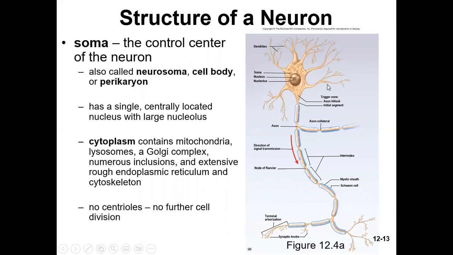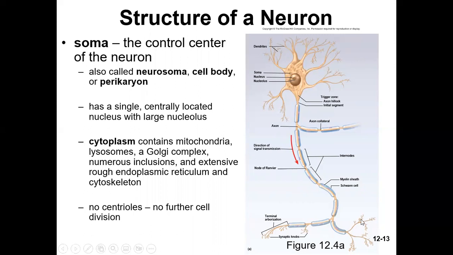Now off of the cell body, we notice these little branches. These are the dendrites. The dendrites are responsible for the reception of information or stimuli, whereas the axon is responsible for the sending out or perpetuation or continuation of maybe an electrical impulse.